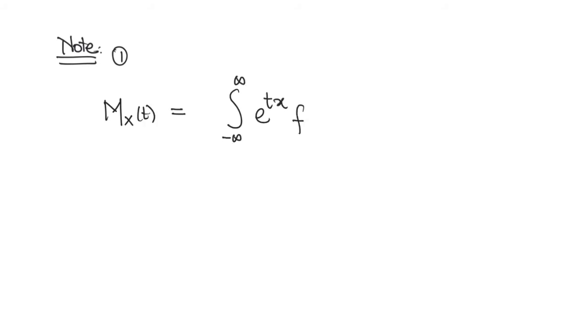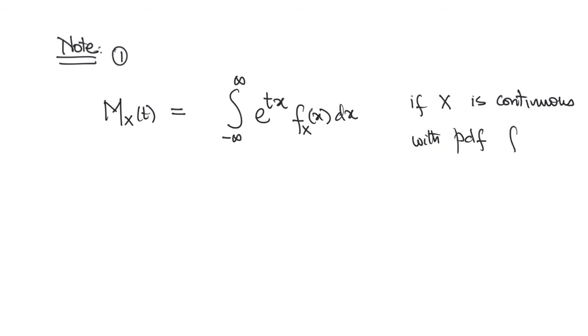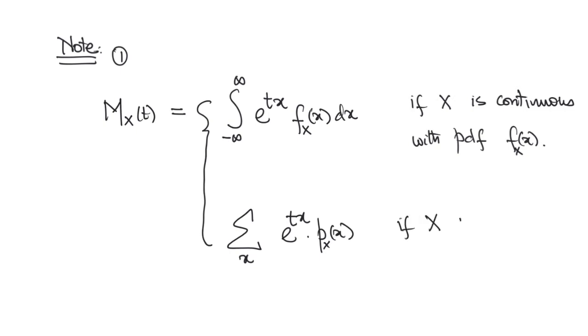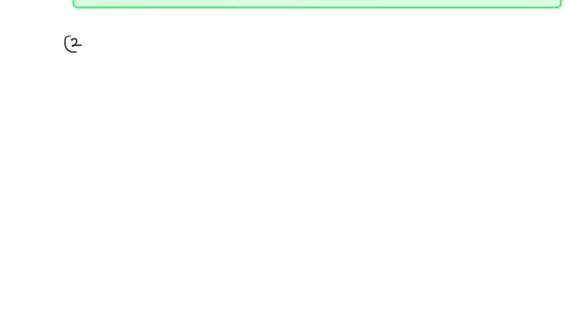Writing this out more explicitly, M_X(t) is equal to the integral from negative infinity to infinity of e to the tx times f_X(x) dx when we are working with a continuous random variable. And it is the infinite or finite sum of e to the tx times p_X(x) when we are working in the context of a discrete random variable.